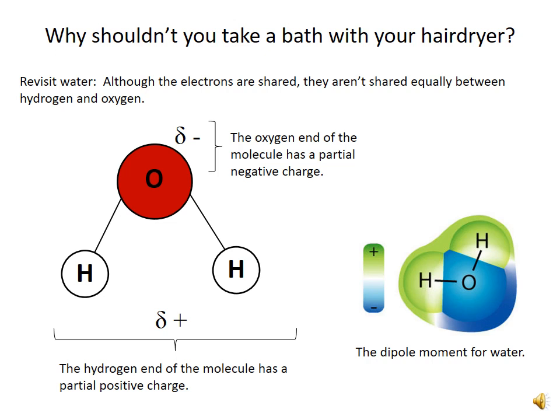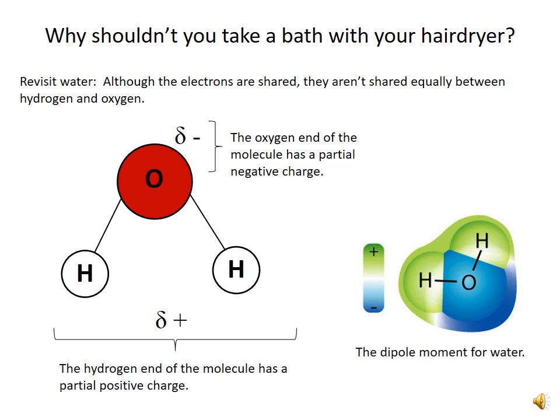What I didn't mention is that the electrons are not shared equally between the hydrogen and the oxygen. In fact, the electrons spend more of their time near the oxygen, giving the oxygen end of the molecule a partially negative charge. This then means that the hydrogen end of the water molecule has a slightly positive charge.